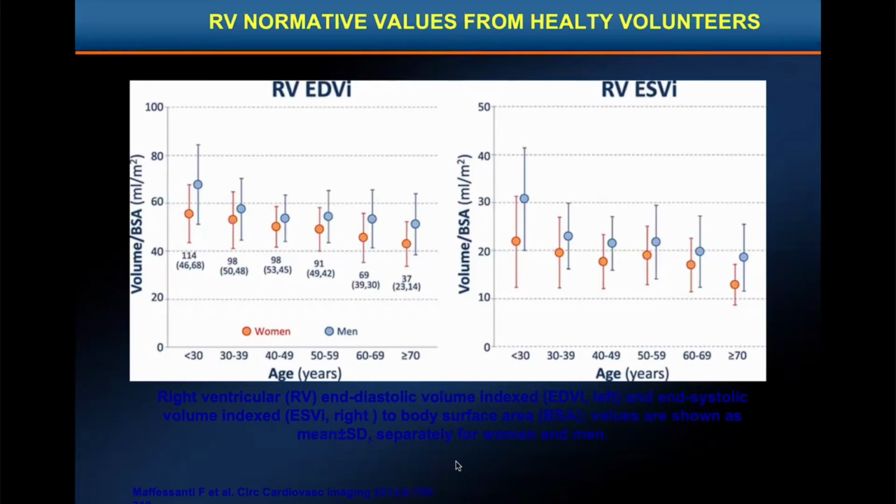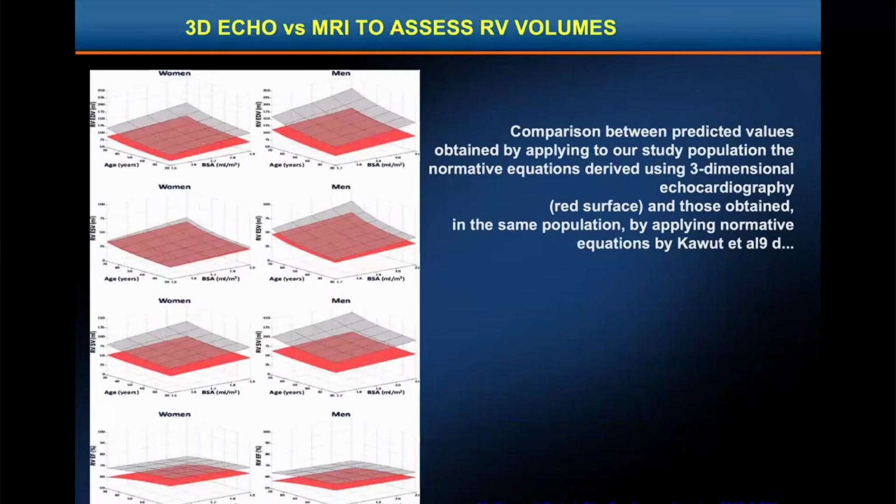Values are shown as the mean and the standard deviation, separately for men and for women. 3D echo data from this study correlates very well with MRI-derived values for right ventricle volume.